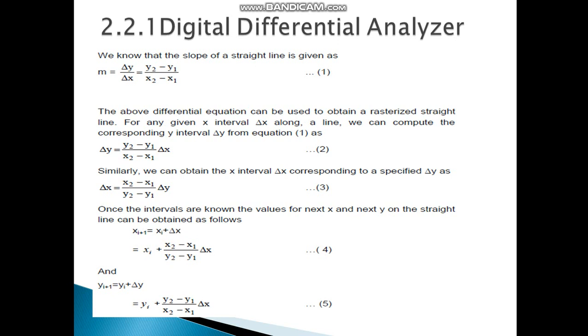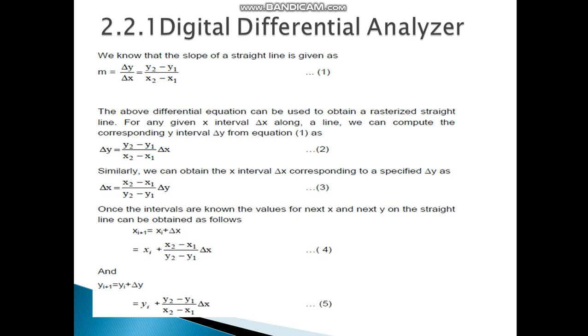In the digital differential analyzer, we know that the slope of the straight line is given as m is equal to delta y upon delta x. So delta y is nothing but y2 minus y1, that is next point minus previous point, and delta x is nothing but x2 minus x1, that is end point minus first point.